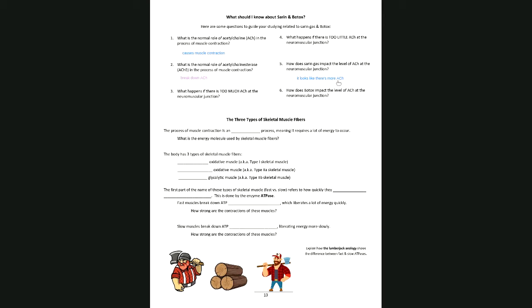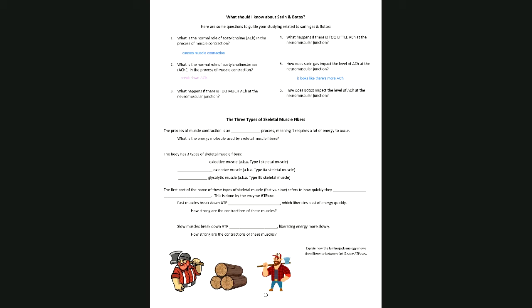So my question over here asked what might happen if I had too much acetylcholine? Well, you can read about what happens with sarin gas, because sarin gas is a problem with too much acetylcholine. And that ties in with what's going on with Botox. With Botox, we don't release any acetylcholine, right?